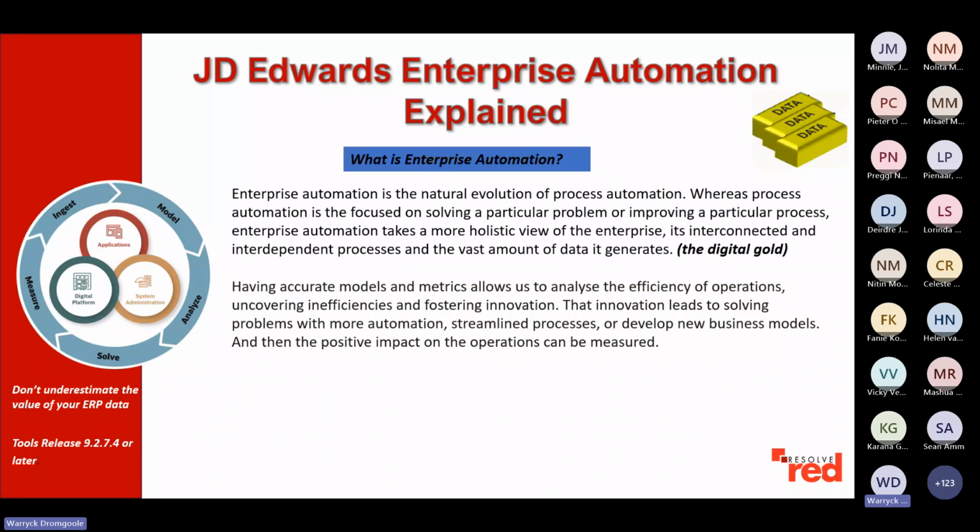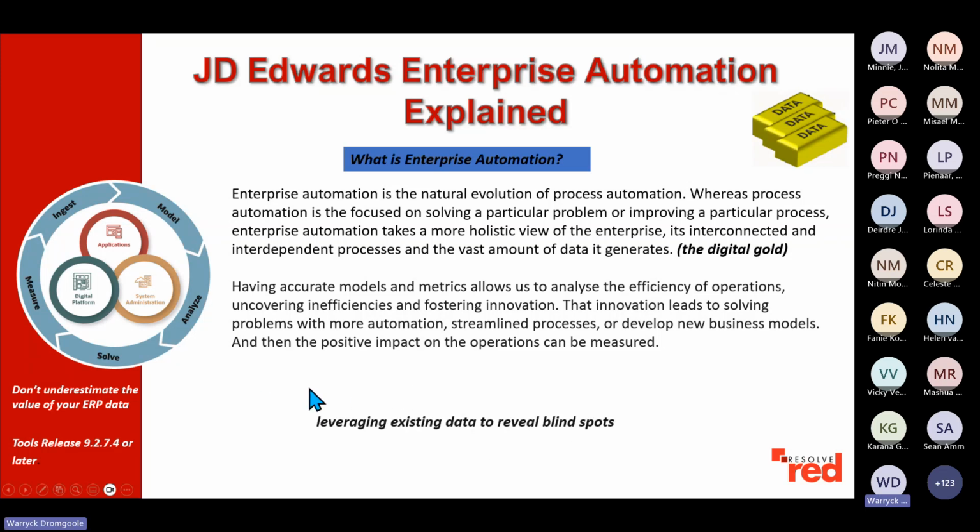That data is your digital gold. Having accurate models and metrics allows us to analyze the efficiencies of operations, uncovering inefficiencies and fostering innovation. That innovation leads to solving problems with more automation, streamlined processes, or developing new business models, and then the positive impact on the operation can be measured.